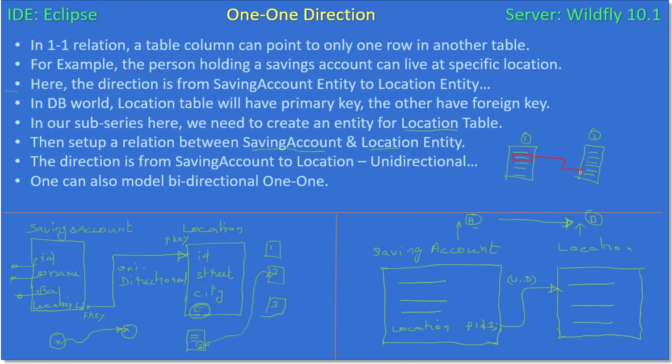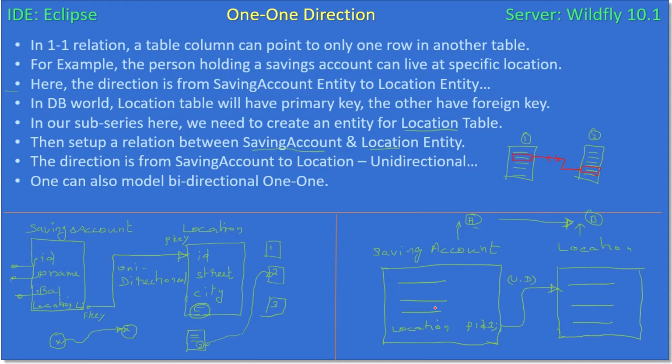In unidirectional, from one table to another table you can move. That means when we know a specific field here, we can pick a record in table 2. But in case of bi-directional, you can move in both directions. That means if we know some field here in table 2, we can pick a corresponding record in table 1.